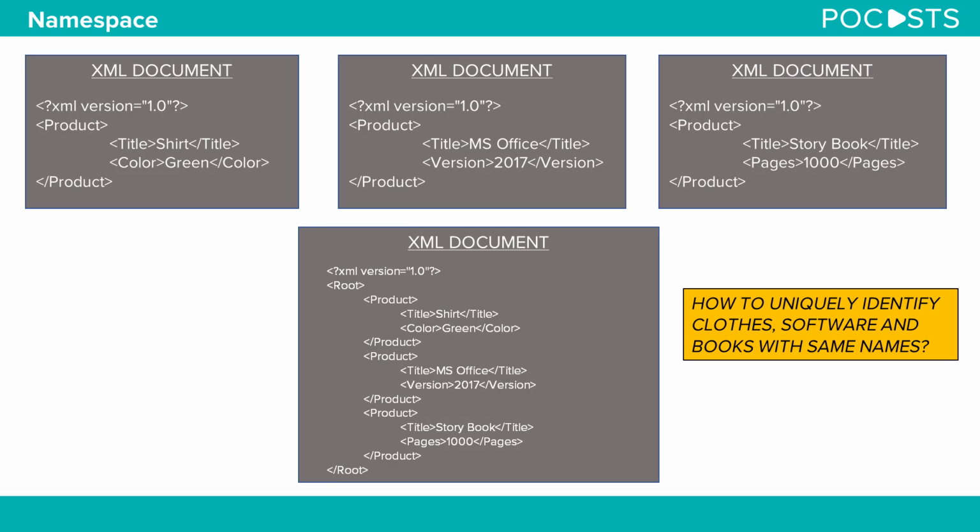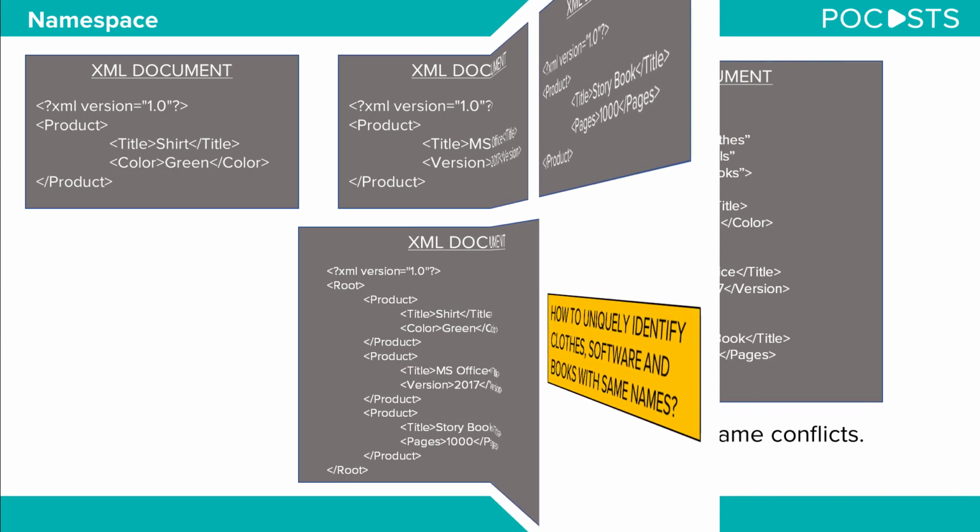How are you going to address it? Because they all have the same name, same hierarchy, and same parent. So that's where the namespace comes in. The namespace helps you identify each of these elements uniquely. So you put them in a different namespace, meaning you define a different name, and then you access it by that name.